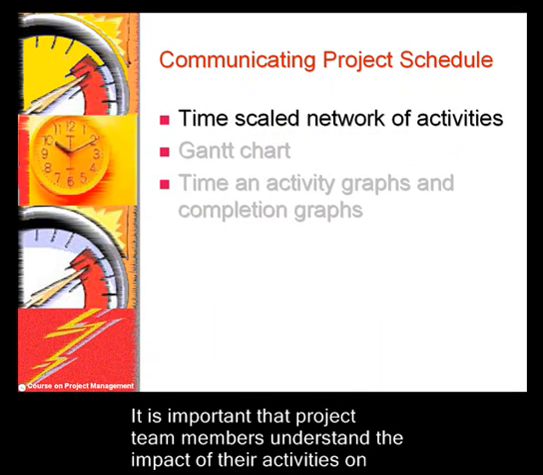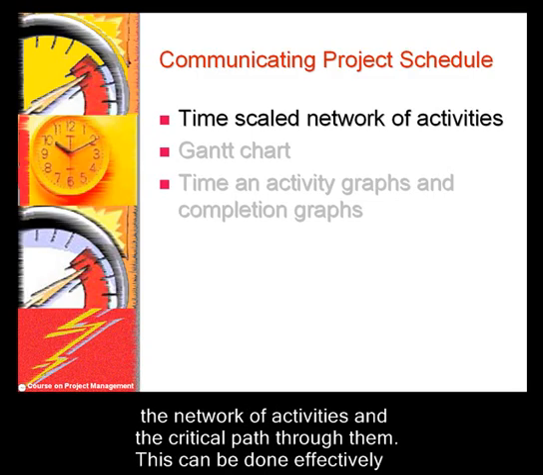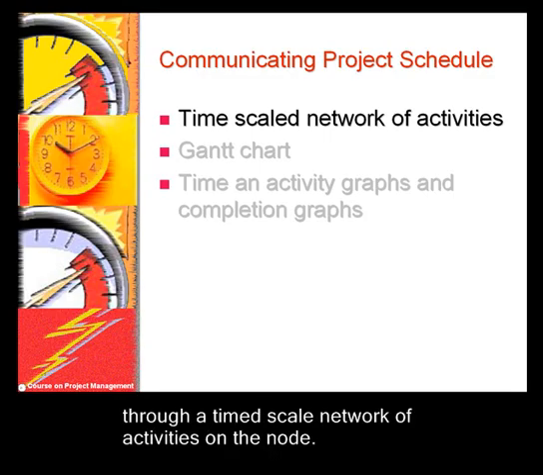It is important that project team members understand the impact of their activities on the entire project. For this reason, it is necessary to communicate to the project team the network of activities and the critical path through them. This can be done effectively through a time-scale network of activities on the node.